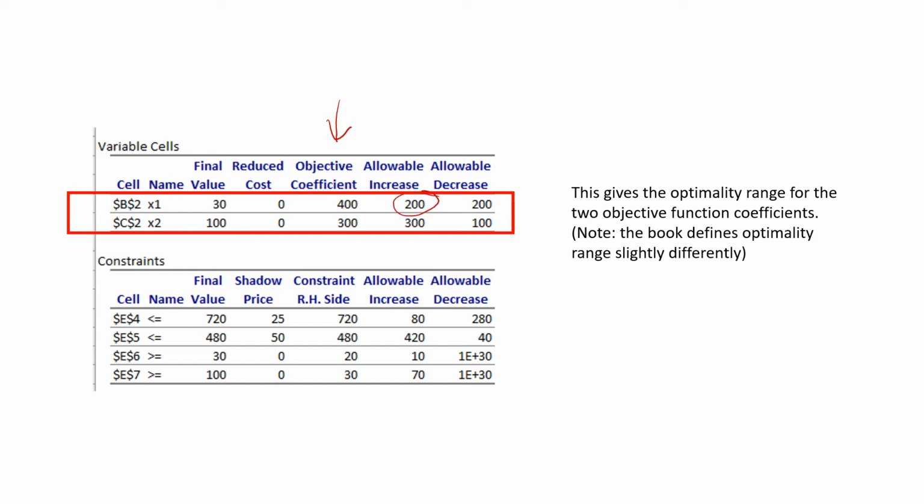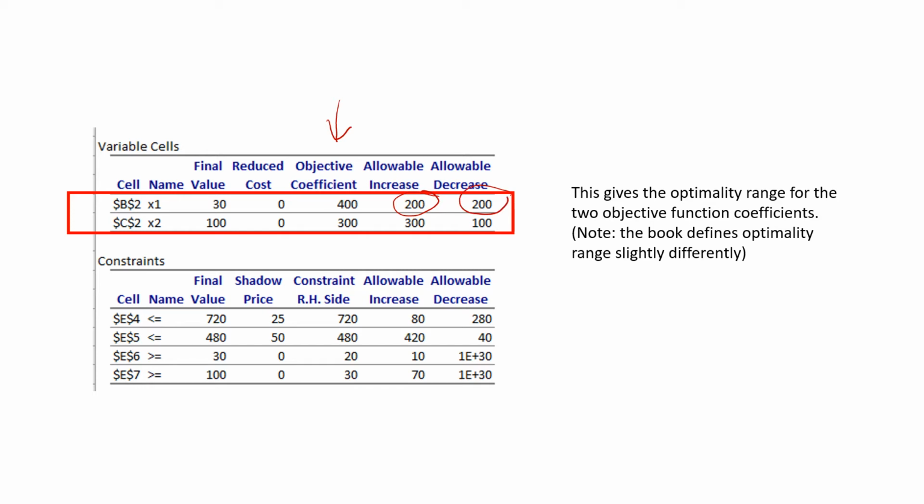Well, it can go up $200 per car without changing the objective function. So if the profit goes up to $600, my linear program still tells me to make 30 cars of one and 100 cars of a second. If it goes up past that, if it goes up to 650, things change. And suddenly, to maximize my profits, I have to have a different mixture of cars.